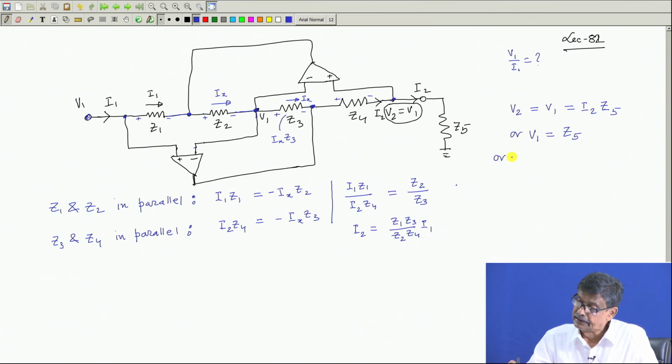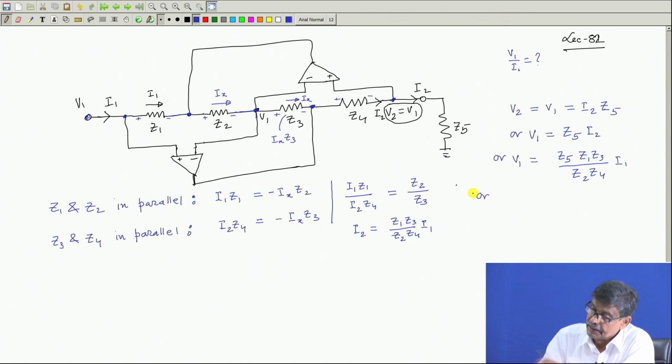Therefore, I can write that V1 is equal to Z5 into I2, and for I2 I substitute this, that is Z1 Z3 divided by Z2 Z4 into I1.